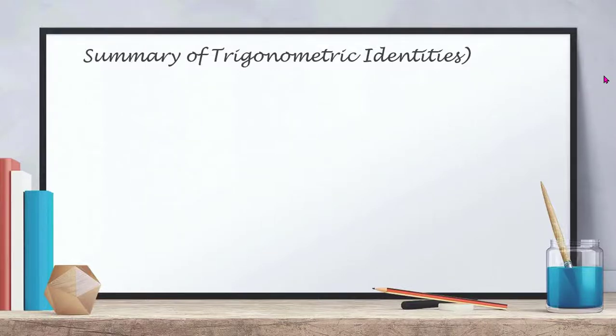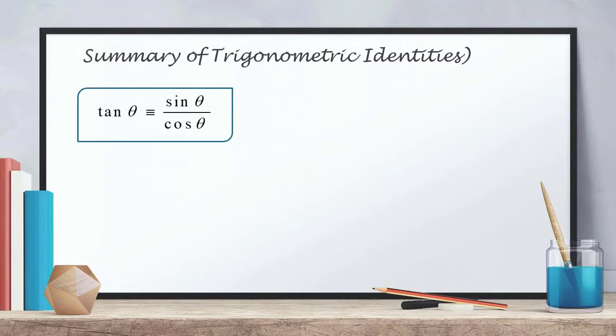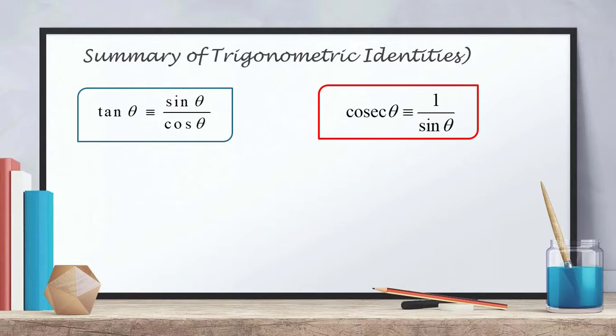In our last lesson, we ended up with the summary of trigonometric identities, and these are the ones that we discussed. Tan theta is identical to sine theta over cosine theta, and then we discussed the reciprocal trigonometric identities, the first one being cosec theta identical to 1 over sine theta.